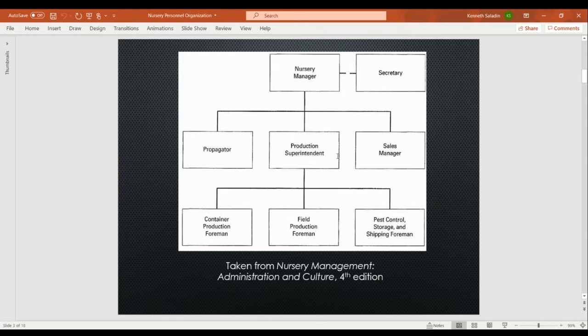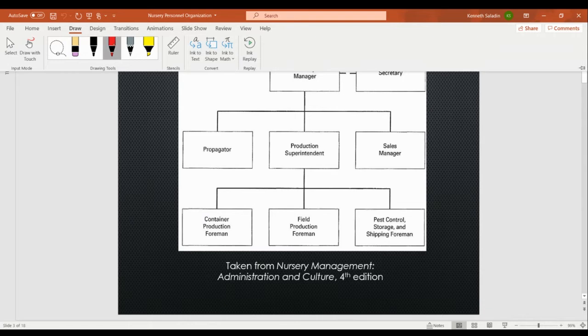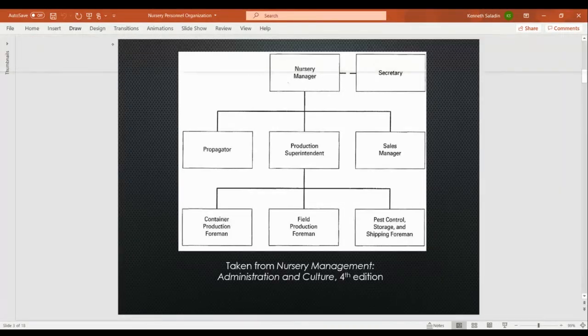All right, so we see that up at the top we have a nursery manager, and the nursery manager is in charge of the entire nursery organization. So they are right here. And generally there will be a secretary or an administrative assistant that will support the nursery manager.